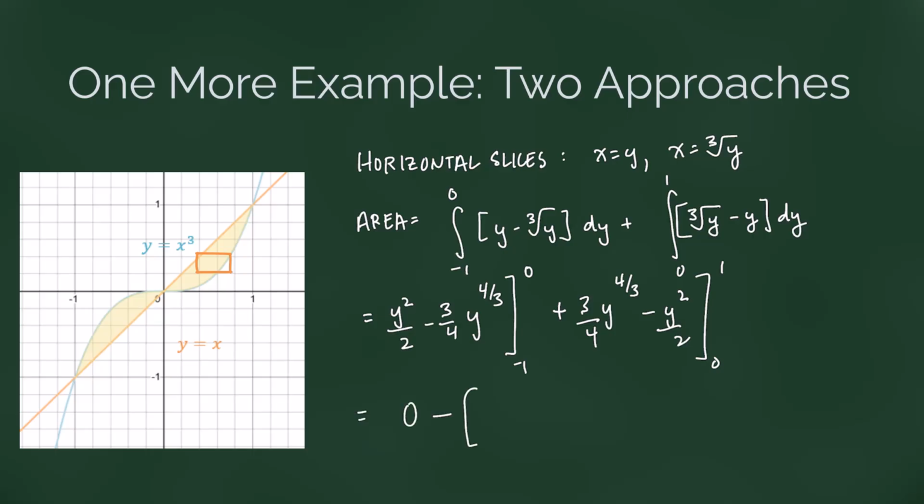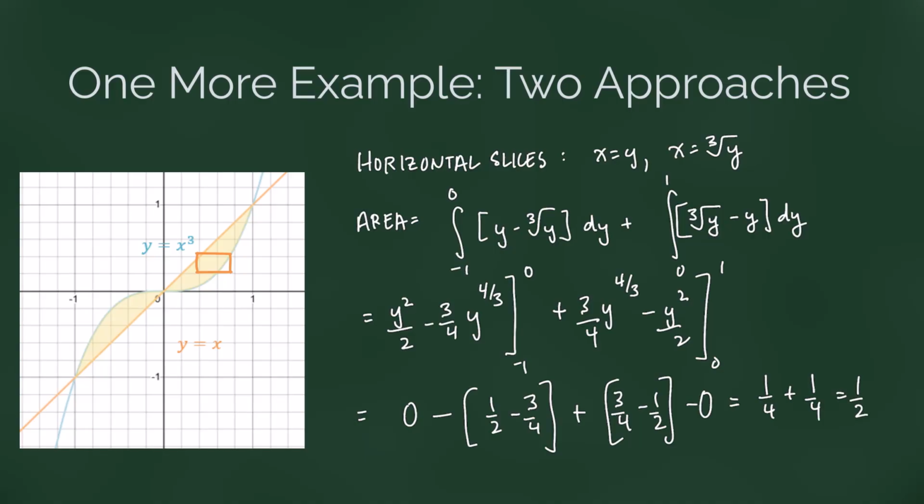Plugging in, we'll get 0 minus 1/2 minus 3/4 plus 3/4 minus 1/2 minus 0. Putting that all together, we get 1/4 plus 1/4, which is 1/2, which is the same value we saw before.